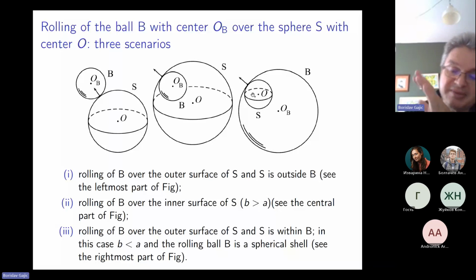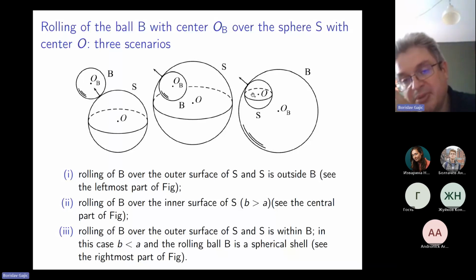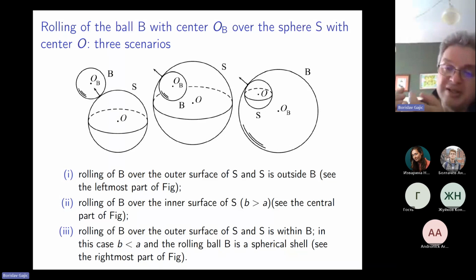This is a little bit strange to imagine. We have in space some sphere that is fixed, and we have a spherical shell around this sphere, and it rolls, but with a very specific ratio: the spherical shell has twice the radius of the ball inside.